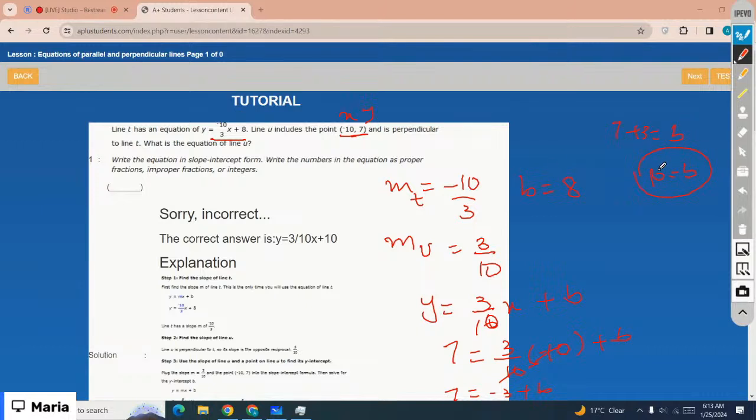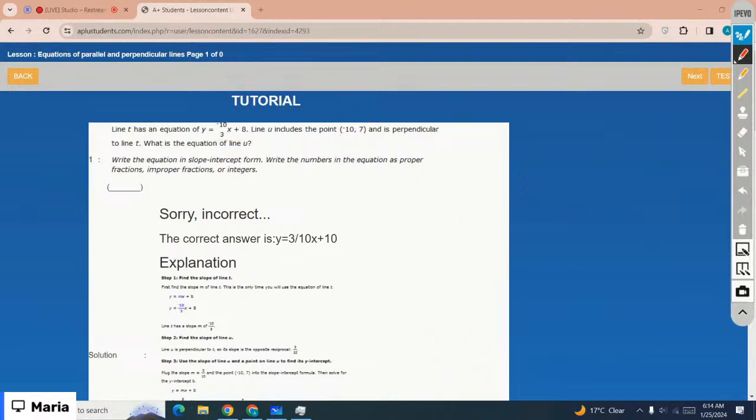That is the y-intercept. So you now have the slope, and y equals 3 over 10x plus 10. The equation is y equals 3 over 10x plus 10. Got it?